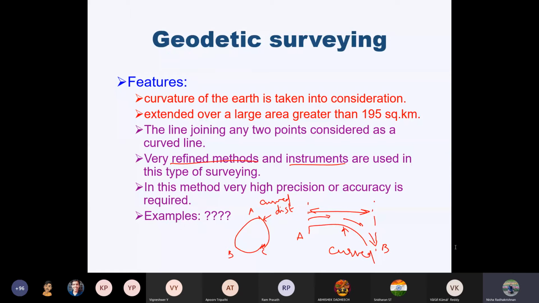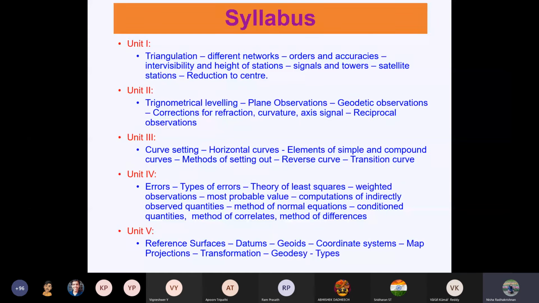You take measurements, put them into some calculation or create your own algorithm and come out with the result. The main aim is to get accurate results. That's what is called geodetic survey, and this entire semester you will have only geodetic survey.